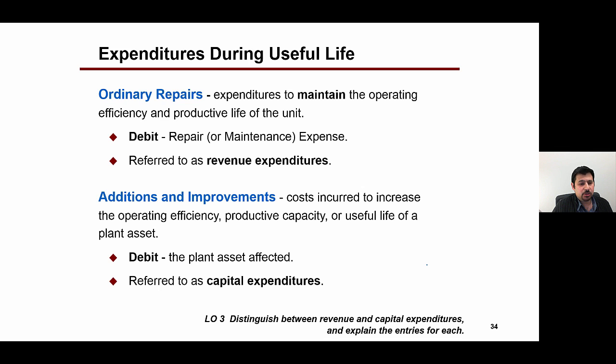It will be reported as capital expenditure because at this point it is increasing the cost of the asset itself, and it is not simply for maintaining the same productivity, but it is for increasing the productivity or the efficiency, or maybe even the useful lifetime of that plant asset.